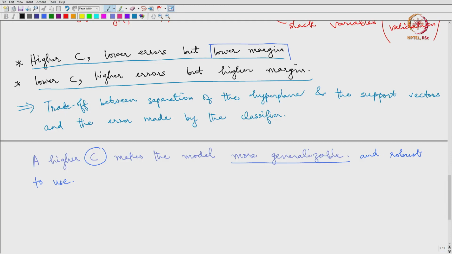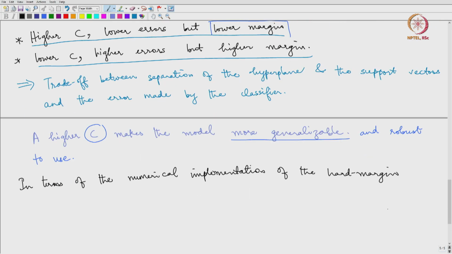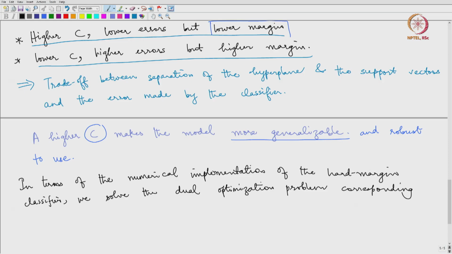So, in terms of the numerical implementation of the hard margin SVM classifier, we solve the dual optimization problem corresponding to the primal problem which we had stated.